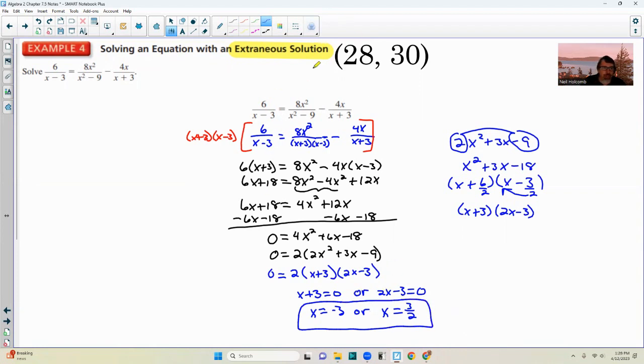So now what we need to do, because we're checking for extraneous solutions, we need to check these in our original. So I'll do one in green. So it's going to be 6 divided by, and my x is negative 3, so it's negative 3 right here. Minus 3 is negative 6. That's going to become negative 1. And that has to equal my other side for this to be true.